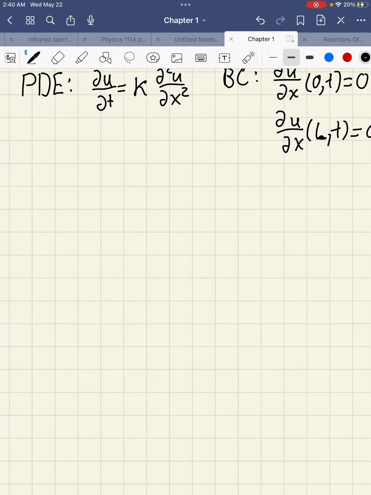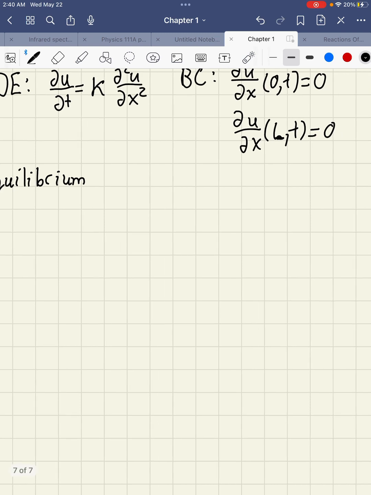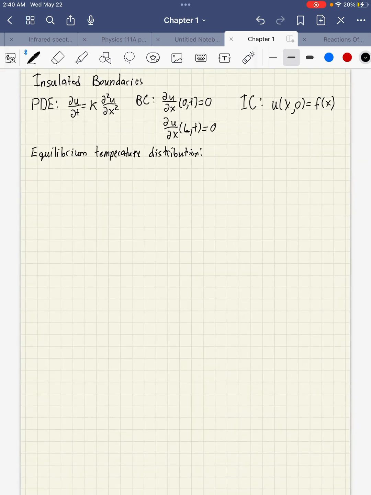Now at the equilibrium temperature distribution, there's no heat flow at all. Our flux is zero.